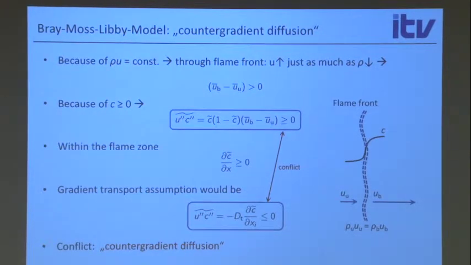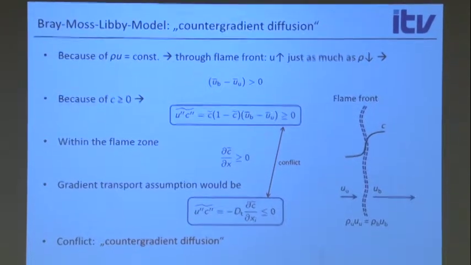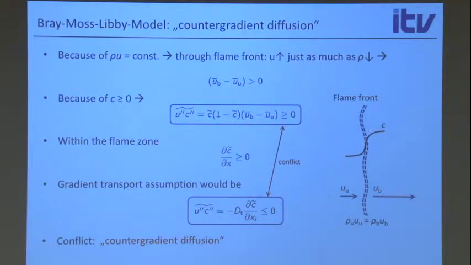And now this is interesting. Let's look at a flame like this. This is supposed to be a turbulent flame. This is unburned. This is burned. Here's the conditional velocity in the unburned, and the conditional velocity in the burned. As I said, the burned velocity, because of the expansion, is larger than the unburned velocity. So this difference of the velocity is larger than 0.